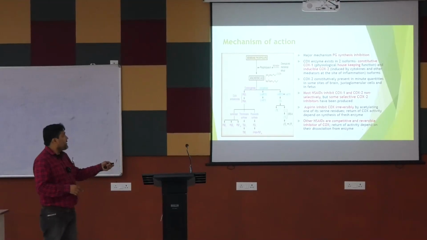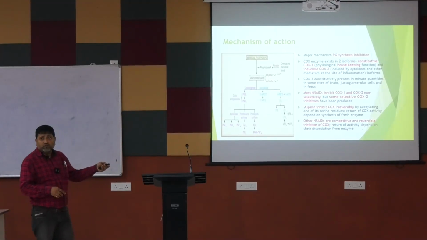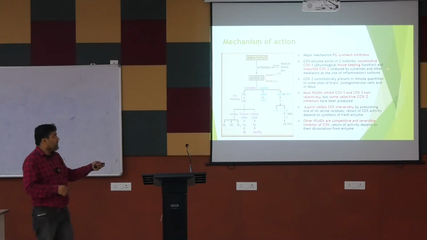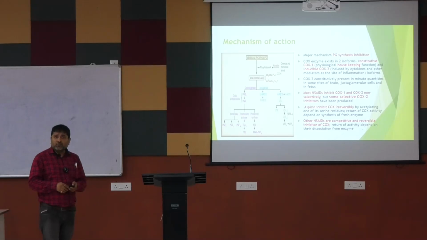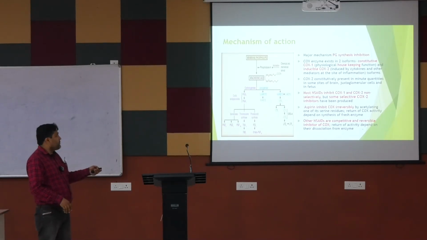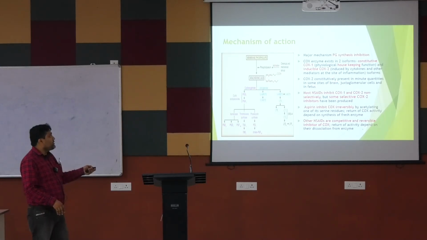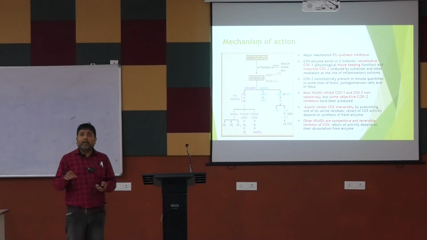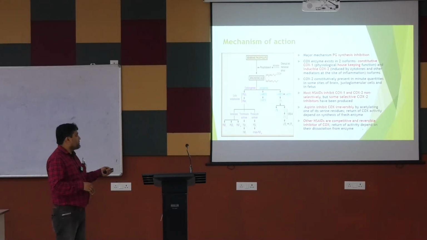Now COX enzyme exists in two isoforms: COX1, that is constitutive or the housekeeping enzyme, and the inducible COX2, whose synthesis is induced in the presence of inflammation. COX2 is present in minute quantities in brain, juxtaglomerular cells of the kidney, and in the fetus.